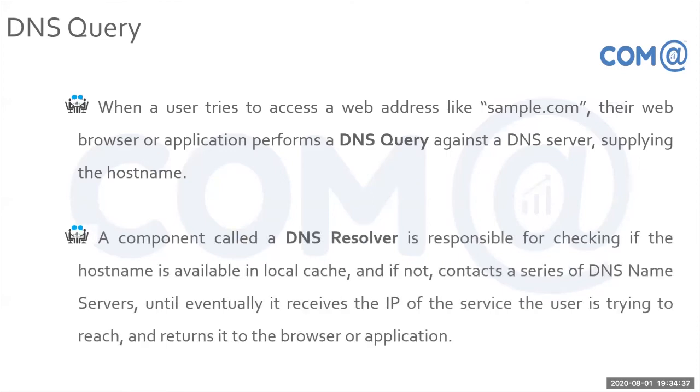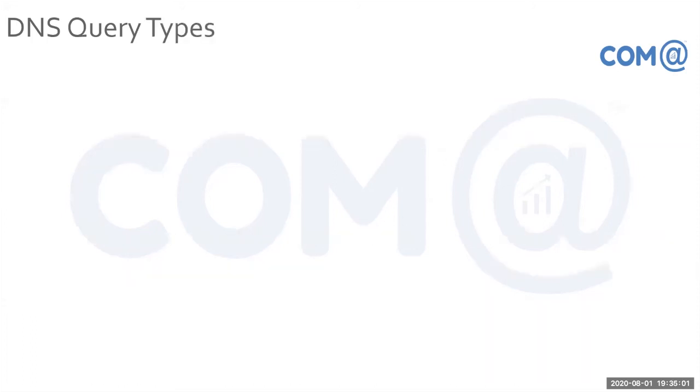So a component called a DNS resolver is responsible for checking if the host name is available in the local cache, and if not, contacting a series of DNS name servers until eventually it receives the IP address of the service the user is trying to reach and returns it to the browser or the application within a few seconds.